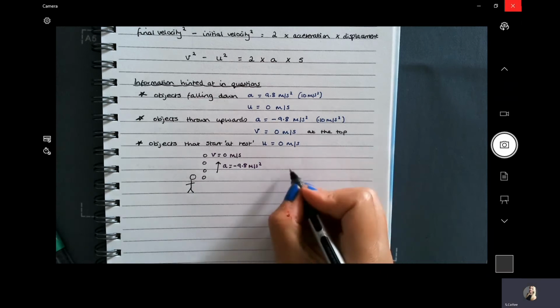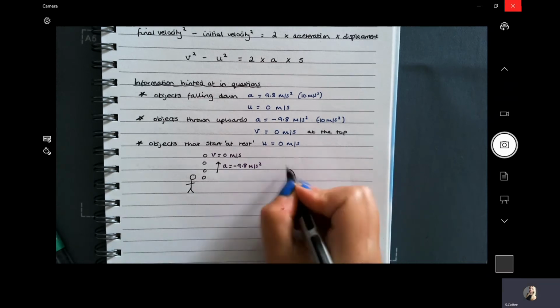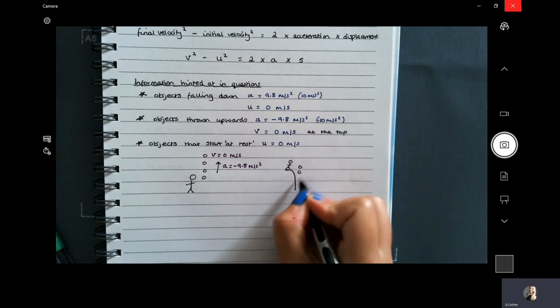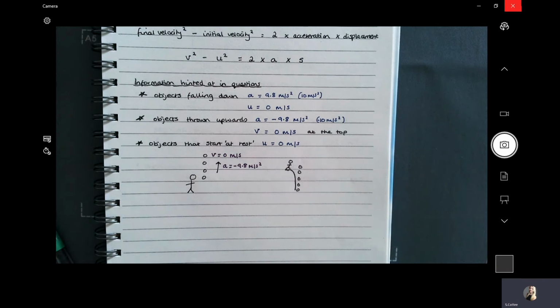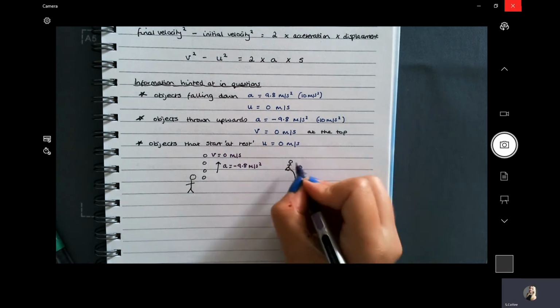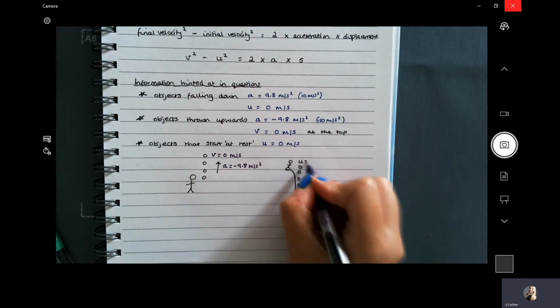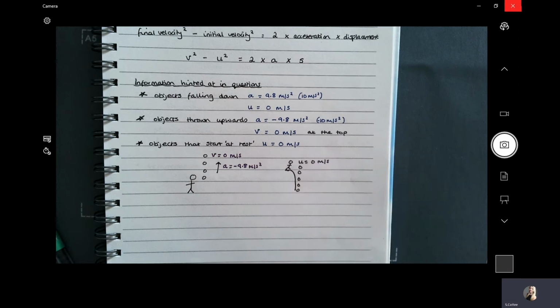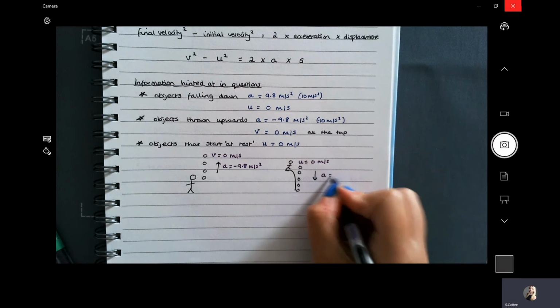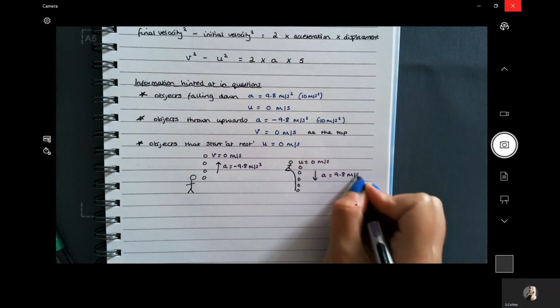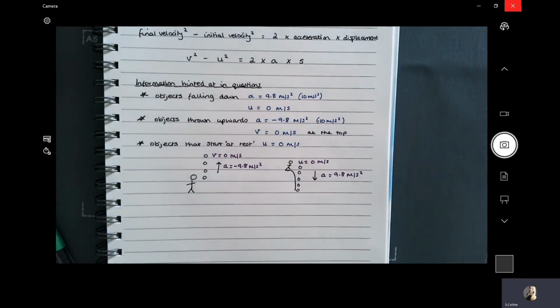For an object being dropped, let's imagine, for example, we're stood on a cliff and we are dropping a ball down here. It starts with an initial velocity of 0 meters per second because it's stationary to start with. And because it is falling down, we will have an acceleration of 9.8 meters per second squared.